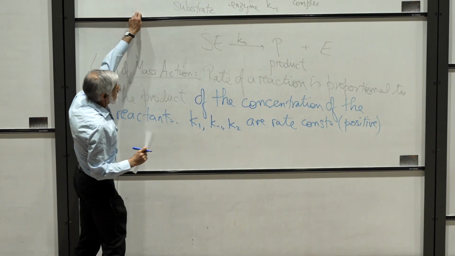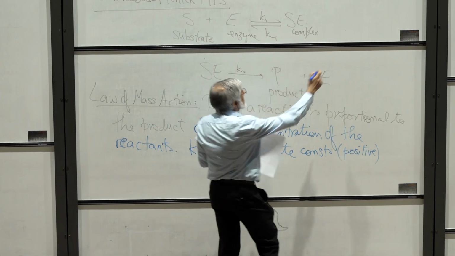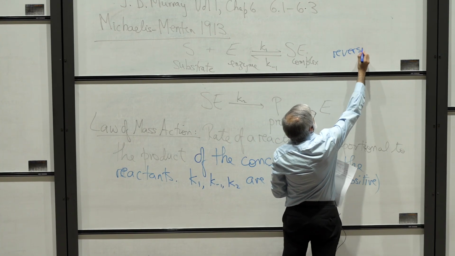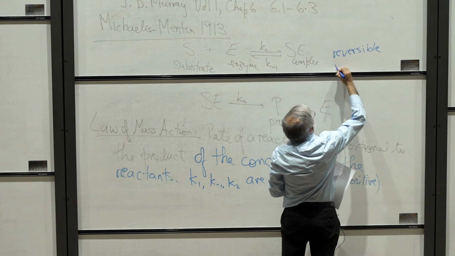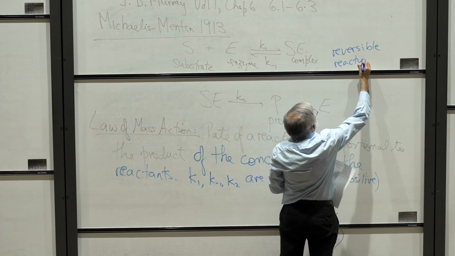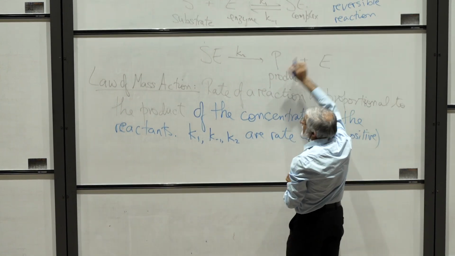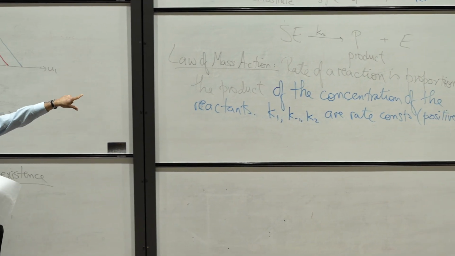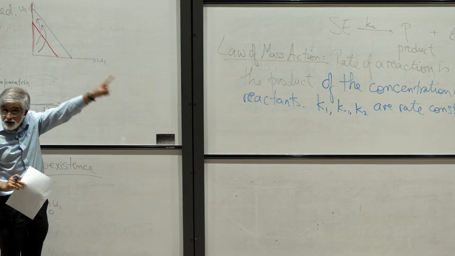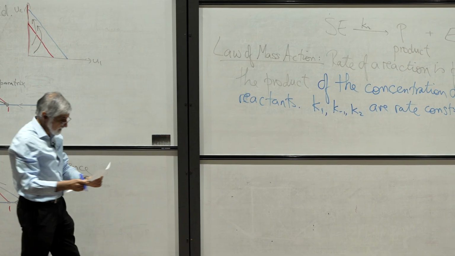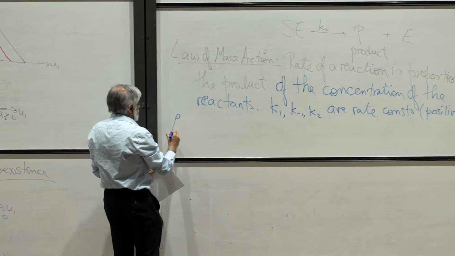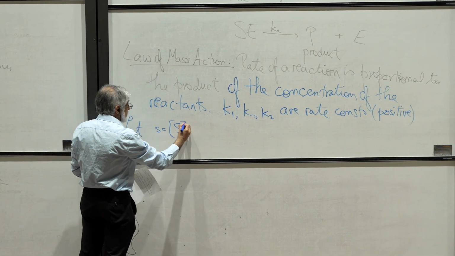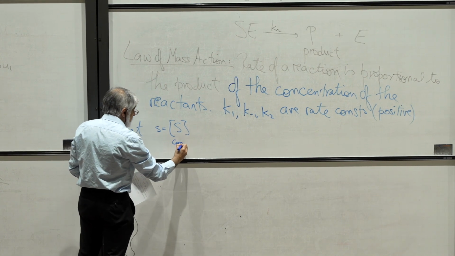And just a little bit more terminology. Here we say this is a reversible reaction. So now we've got 4 species, S, E, SE, and P. So we need to write down 4 ODEs. So we let little s be the concentration of big S. This means concentration.